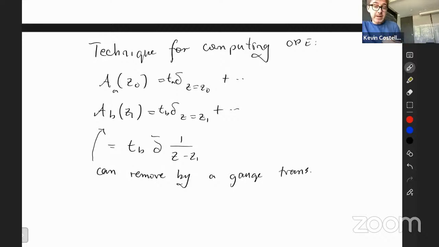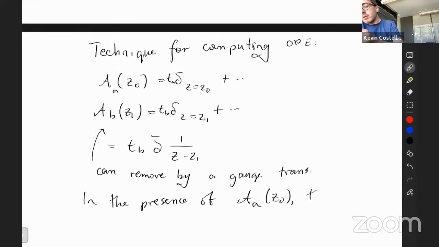However, in the presence of the other state, this gauge transformation has a non-trivial effect.